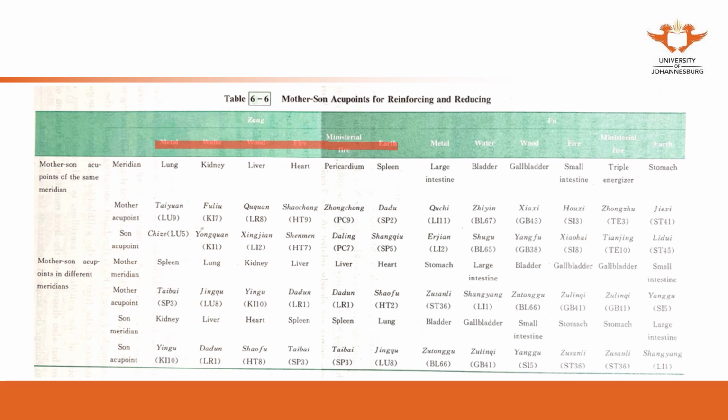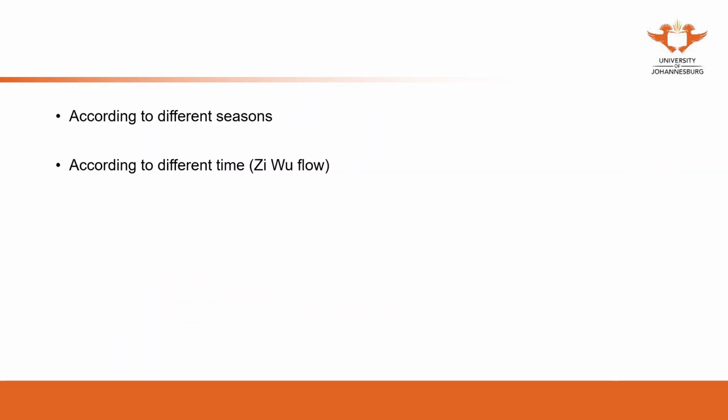This table is correct, so for the metal, you will see the large intestine 11 is the metal.